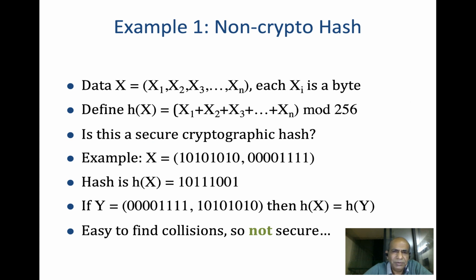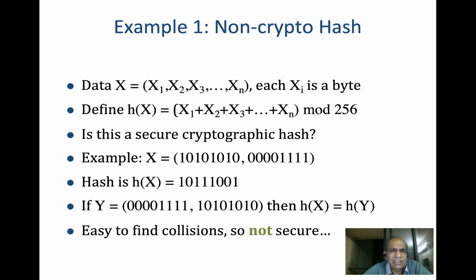Now let's look at two simple hash functions and see whether we can use them for crypto or not. Take x as a sequence of numbers x1, x2, x3 up to xn, where each xi is a byte.